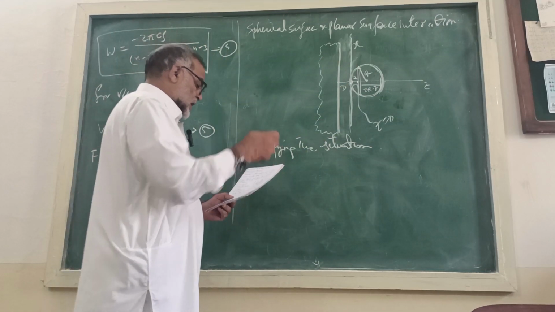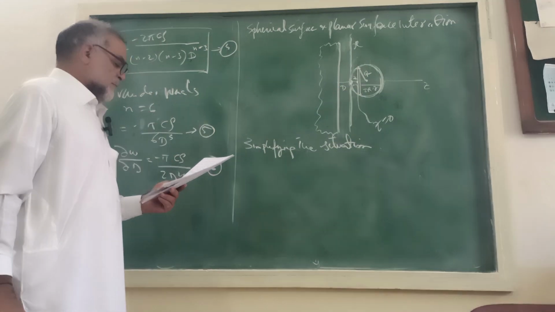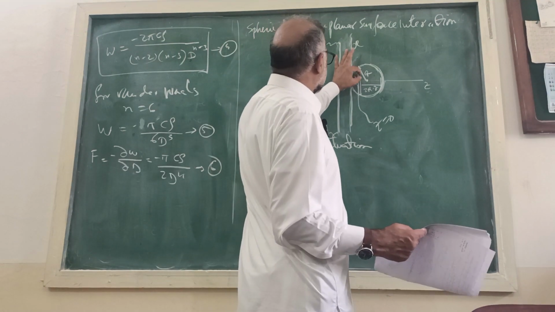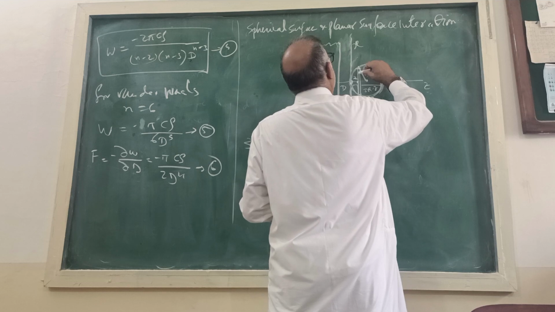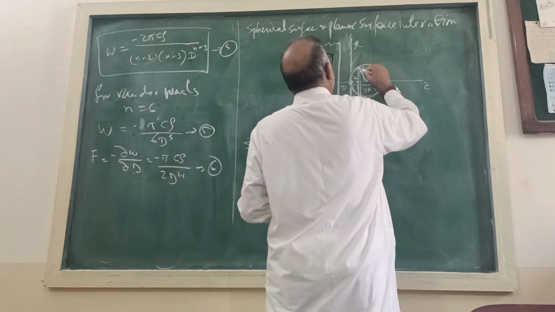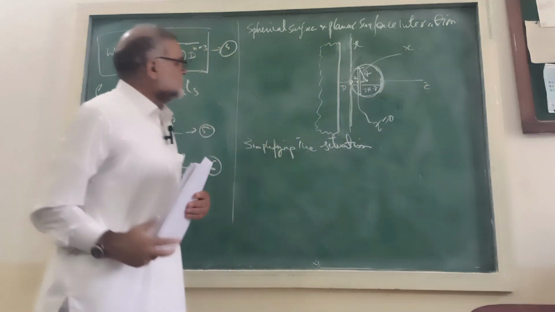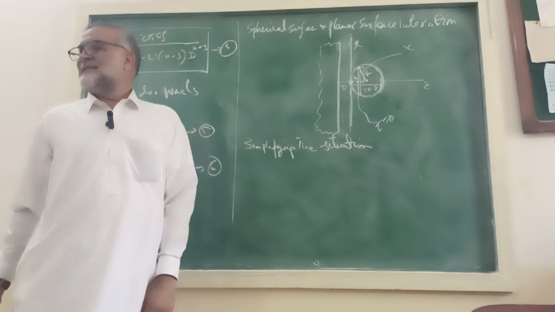So we want to do some simplification, right? X varies from here. The ring depends actually on x distance only.